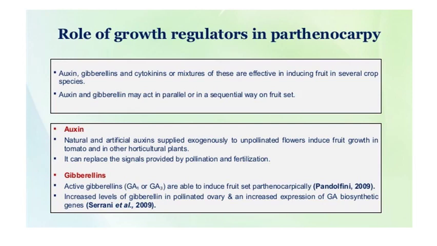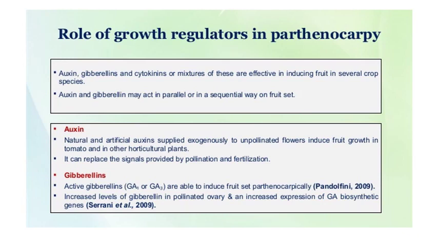Auxins may be natural or artificial, supplied exogenously to unpollinated flowers, which induces fruit growth in tomato and in other horticulture plants. It can replace the signals which are provided by pollination and fertilization.